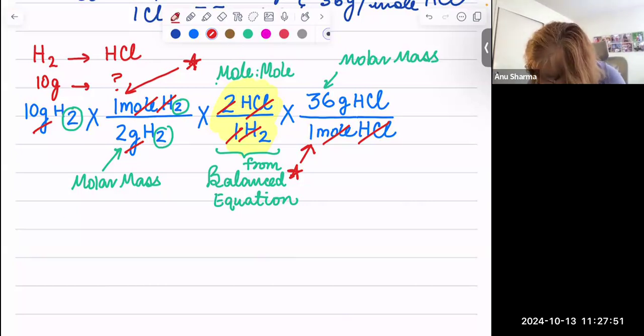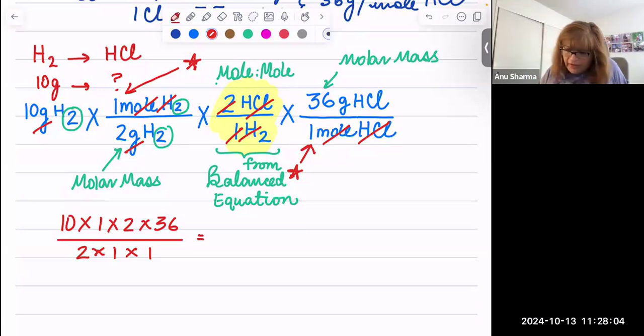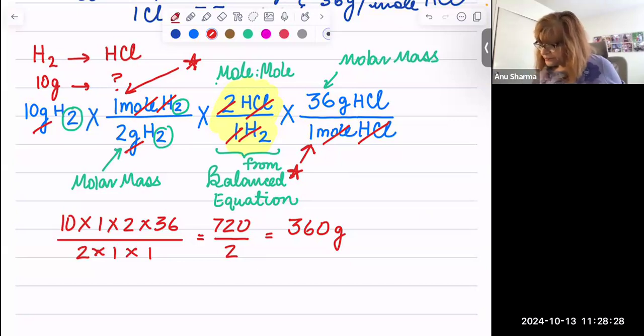So what are we left with here? 10 times 1 times 2 times 36, divided by 2 times 1 times 1. 10 times 1 times 2 times 36 is 720. 720 divided by 2 gives you 360. So 360 grams of HCl.